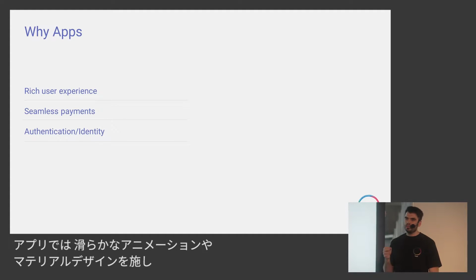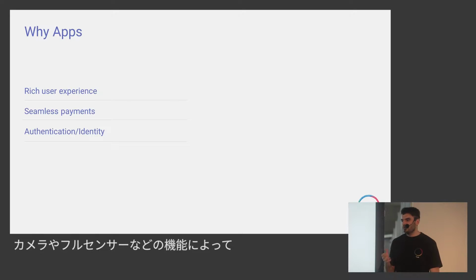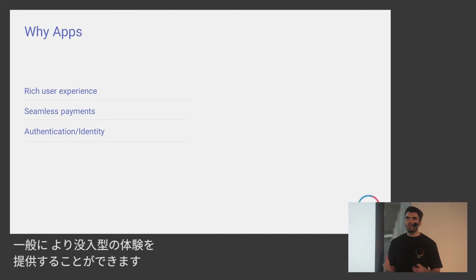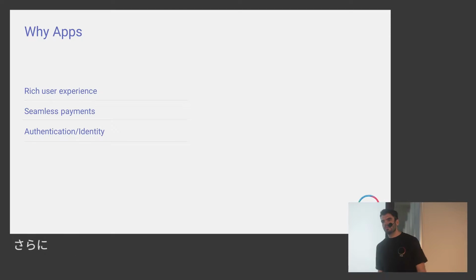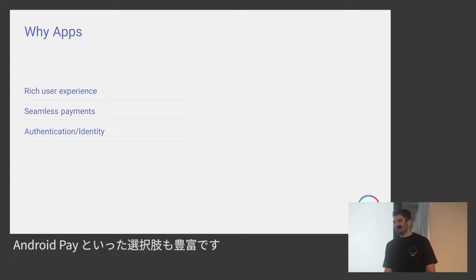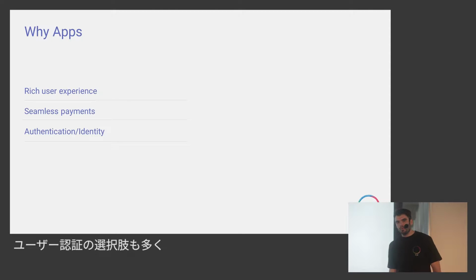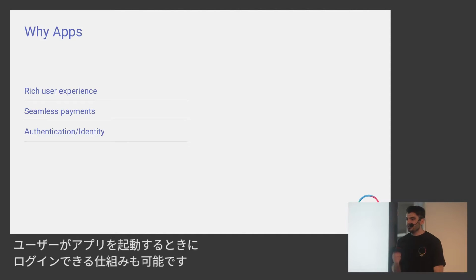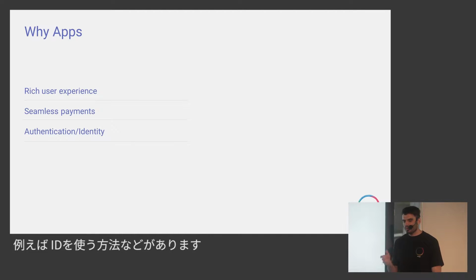You can make sure that your app has smooth animations, material design, built-in phone features such as camera and the phone sensors, and just provide a more immersive experience in general. You can also take advantage of seamless payments with more options available, such as Google Play in-app billing and Android Pay. There's also more options to authenticate users, and you can ensure that your users are logged in when they open the app, for example, using identity.